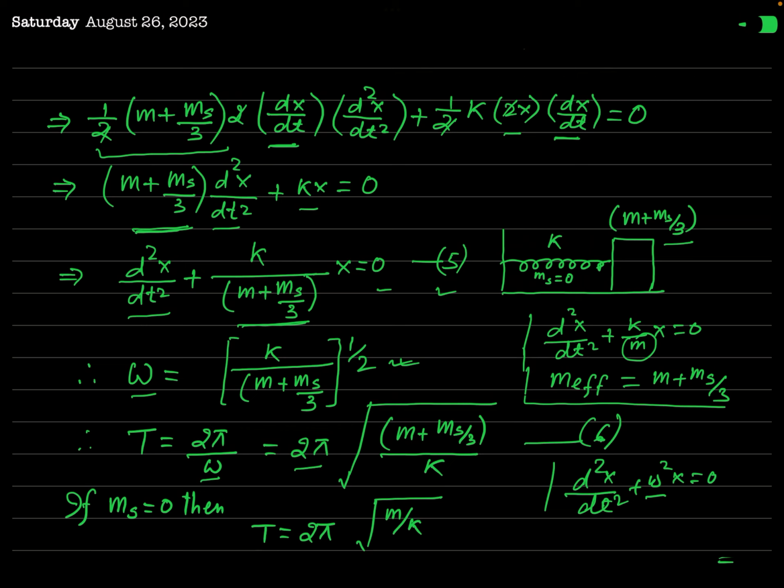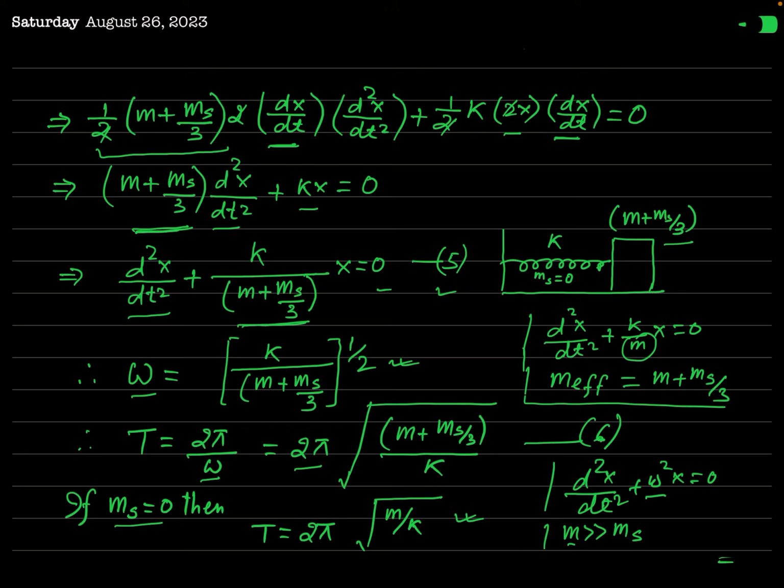Now, if you consider that in comparison to m, m is much greater than ms, it means the mass of the spring is much smaller than the mass of the block, or you say that the mass of the spring is 0, then your result for time period will be 2π√(m/k), which we have just obtained earlier independently.